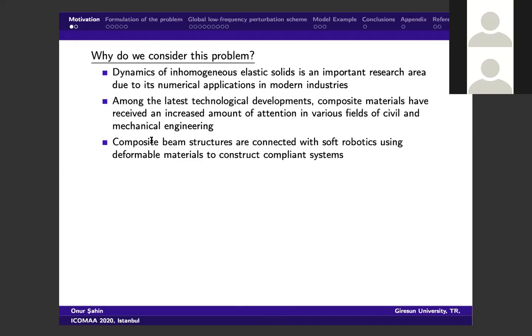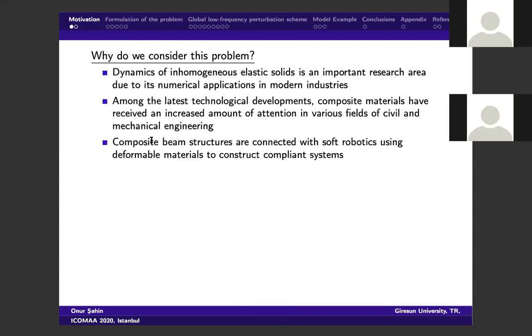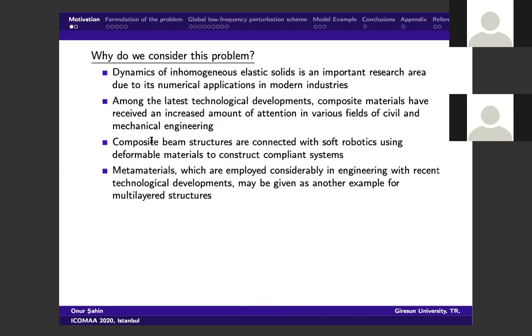Composite beam structures are also connected with soft robotics, which use deformable materials to construct compliance systems. Metamaterials, which are employed considerably in engineering with recent technological developments, may be given as another example for multi-layer structures.